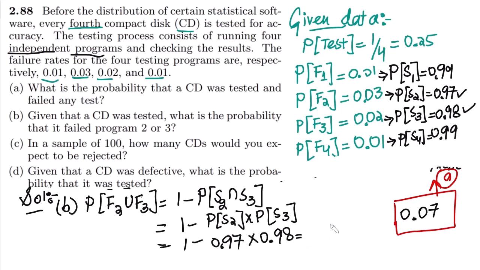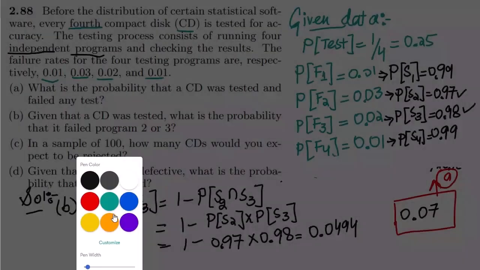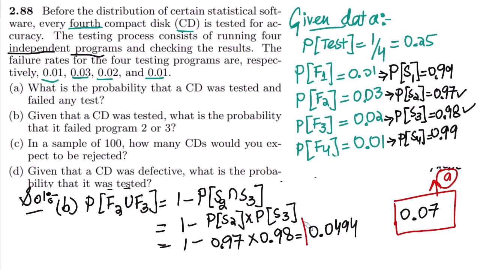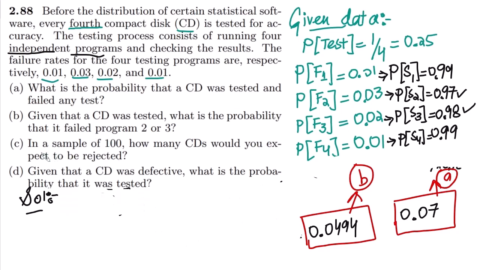I would get here 0.0494. Okay, so this is the probability that a program will fail test 2 or test 3, and this is the solution of part B. Okay, so now let me remove it and proceed to part C.